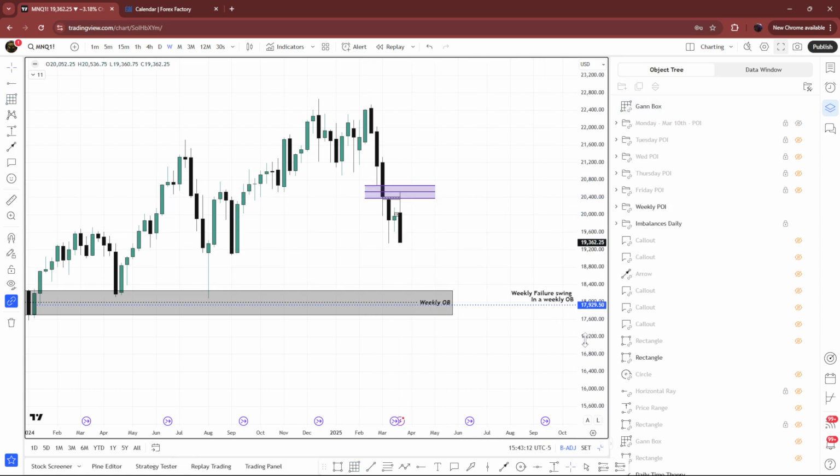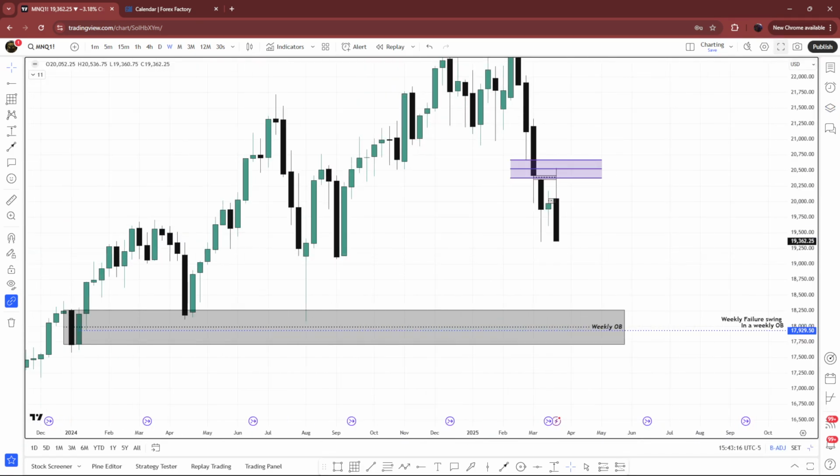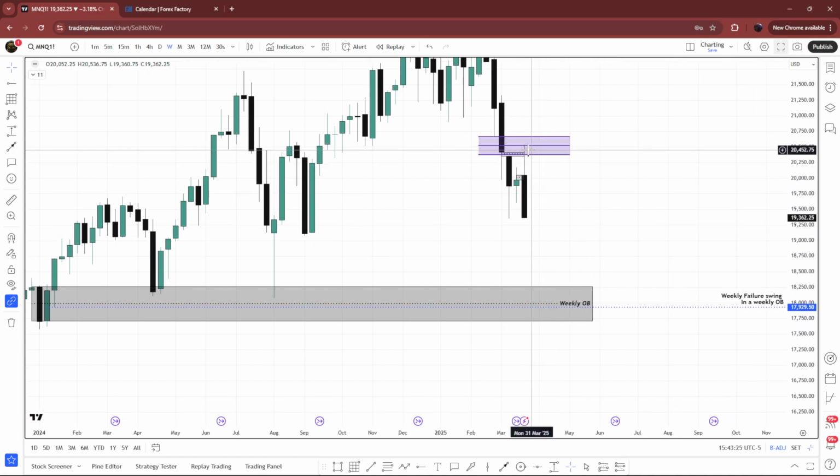So if I just throw that in there, price goes to CE of the fair value gap and rejects. Okay, and then we have a strong close, right? Because prior to this, we're having this kind of like rejection out of the CE of this previous order block.